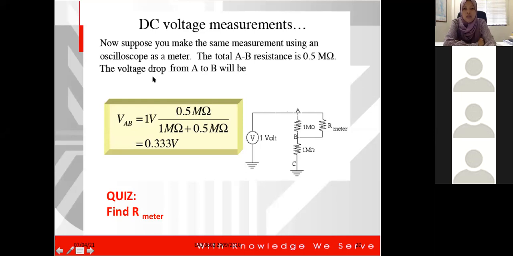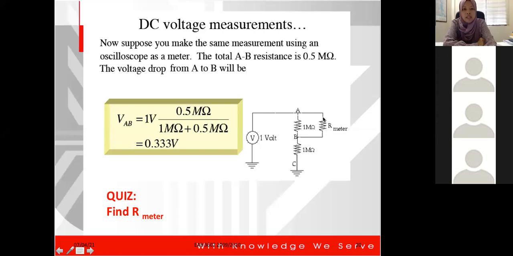So the voltage drop from A to B, you can calculate like we did earlier: V is equal to the voltage divided by total R, multiplied by R across A and B. So the question is, what is R meter?